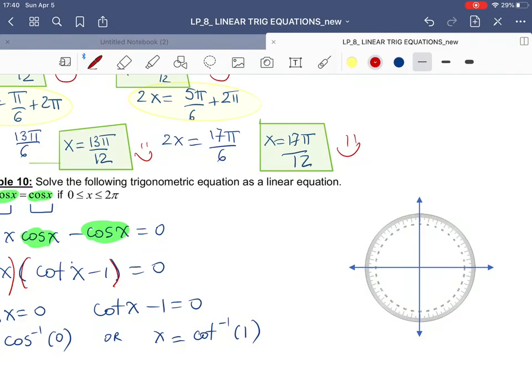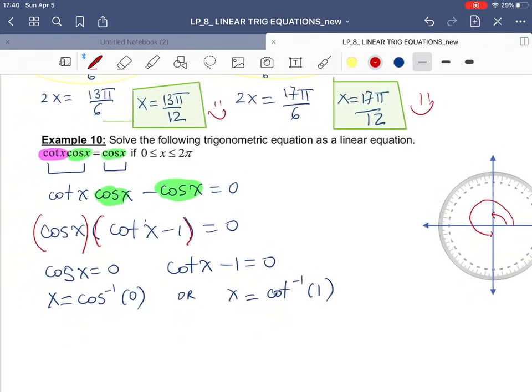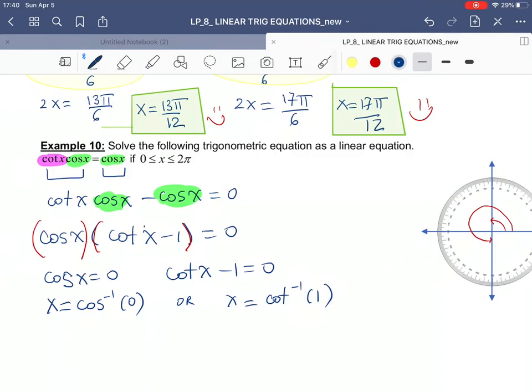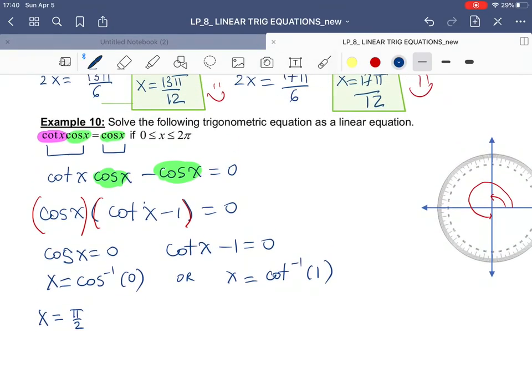So 0 would be the cosine of the angle 90 degrees, because that's where the x coordinate is 0, and also angle 270. So from this equation, I get x equal to pi over 2, we have to speak the same language as the domain, or x equals 3 pi over 2.